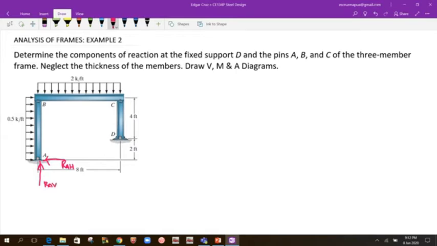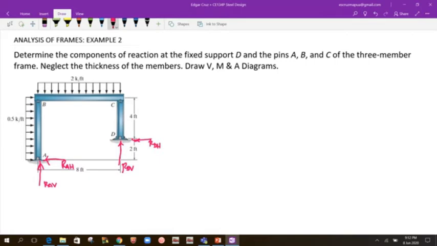Okay, while at joint D, this is a fixed support, so we'll have a vertical reaction, let me call it RD vertical, and there will be a horizontal reaction here, let me call it RD horizontal, and there is a moment.